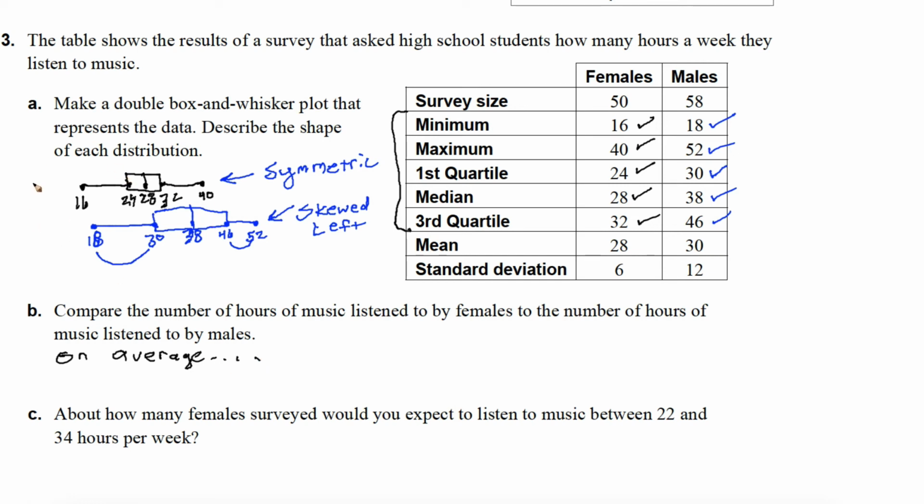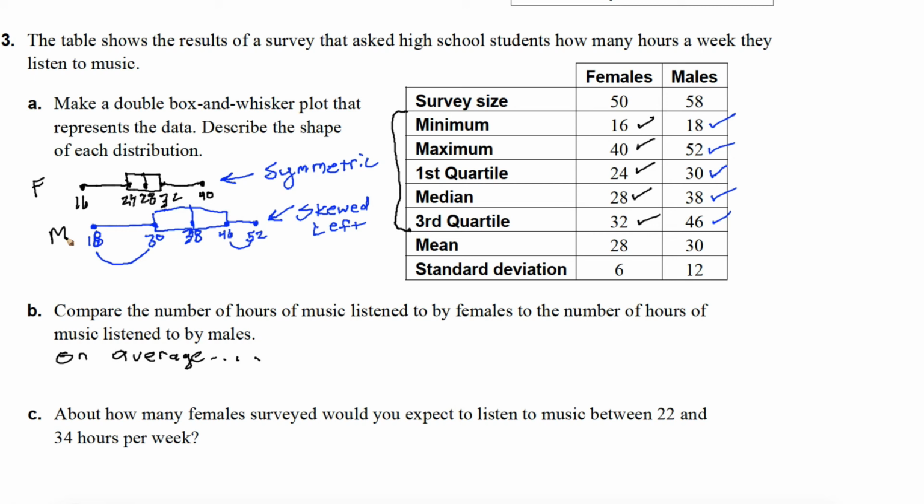Well, this is the females, this is the males. On average, the males tend to listen to more music than females. How do we know? The males is skewed left and not centered, while the females is symmetric. Okay? So that's what I would put. On average, males tend to listen to more music because it is skewed left and not centered.